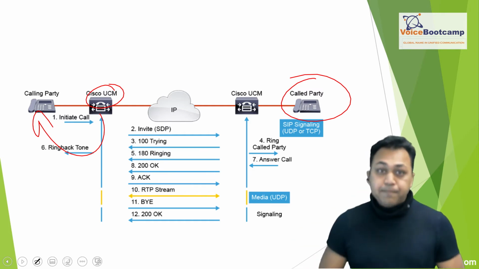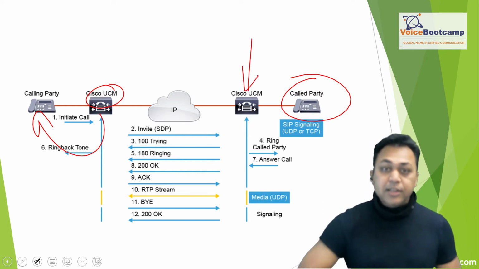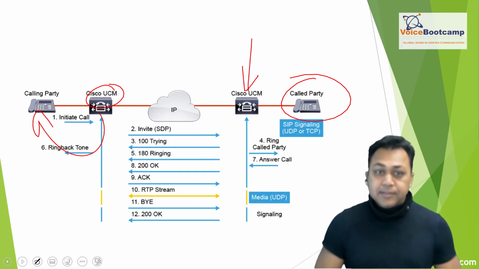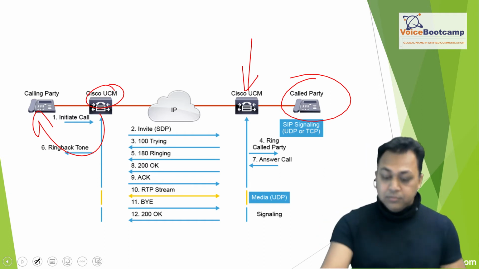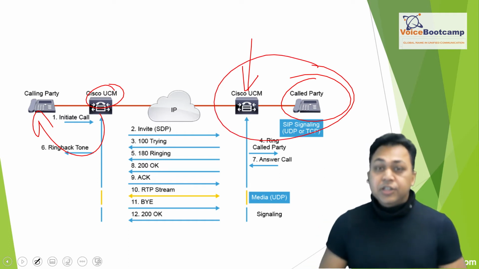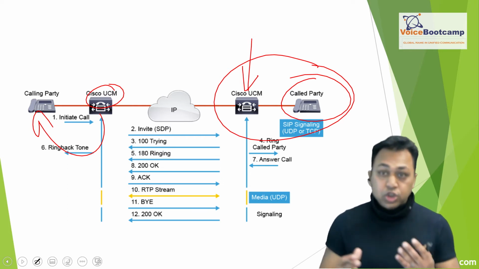Step number 8, the user agent server of the recipient, this particular call manager, UAS, determines that the call parameters are acceptable in all the negotiation and everything.